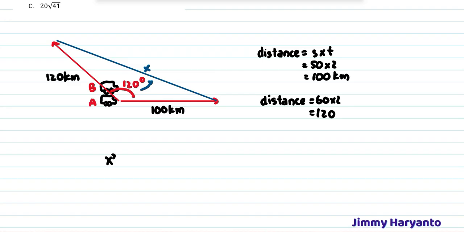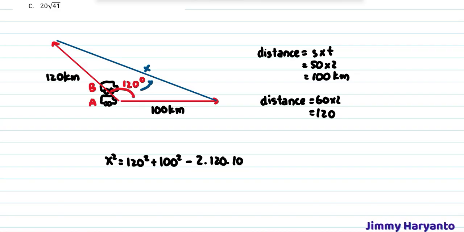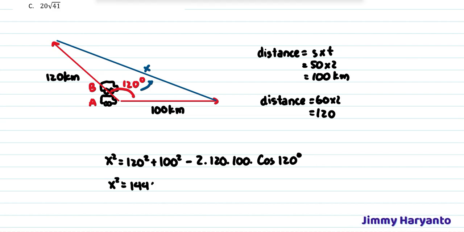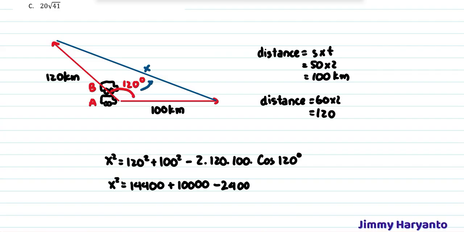That means x squared equals 120 squared plus 100 squared minus 2 times 120 times 100 times cos 120 degrees. Okay, so this one is 14400 plus 10000 minus 24000 times cos 120, which is negative half.